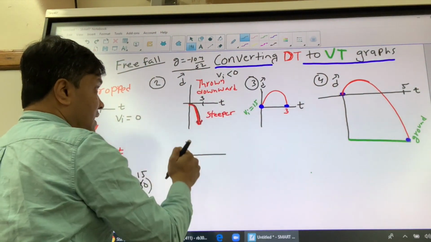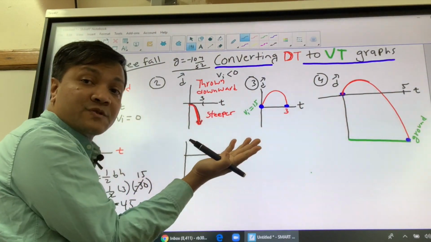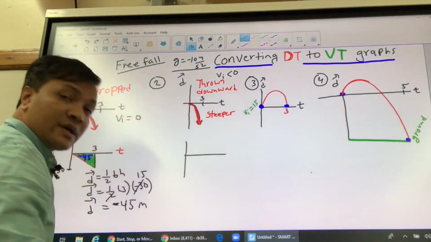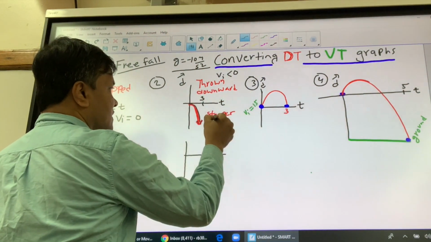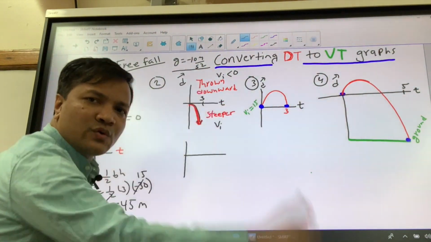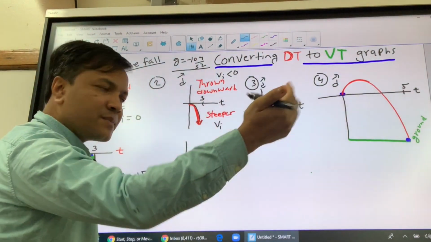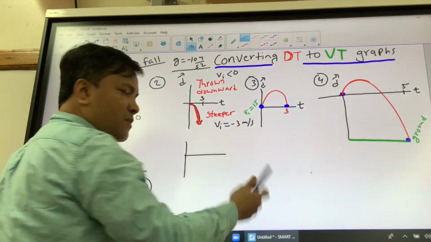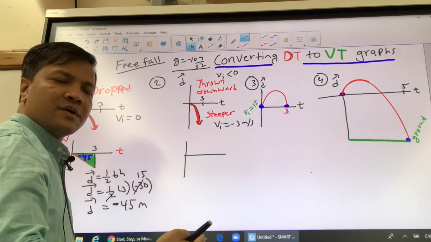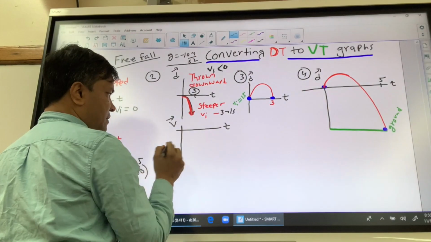So let's say initial velocity is 3 meters per second. Since you throw it down, it has to be negative. So negative 3 meters per second means someone threw it down at 3 meters per second.